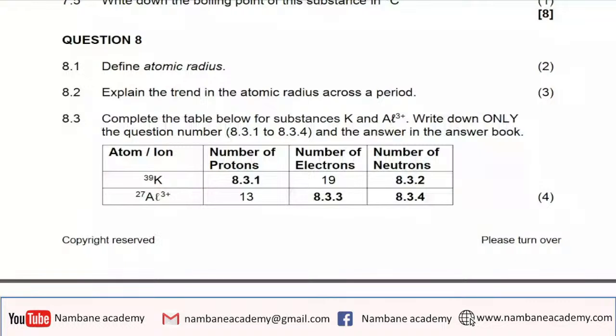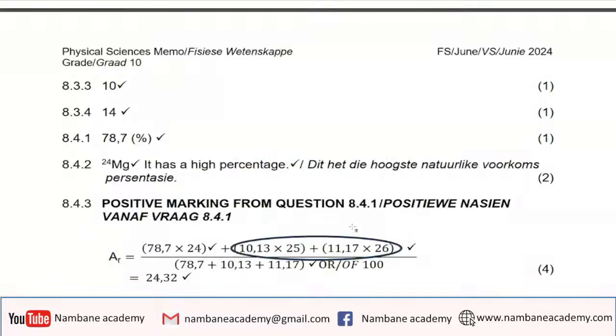8.3, calculate the relative atomic mass of magnesium. Now that one is going to be the abundance multiplied by the isotopic number, which is 78.7 multiplied by 24, and then 10.13 multiplied by 25, and 11.17 multiplied by 26.